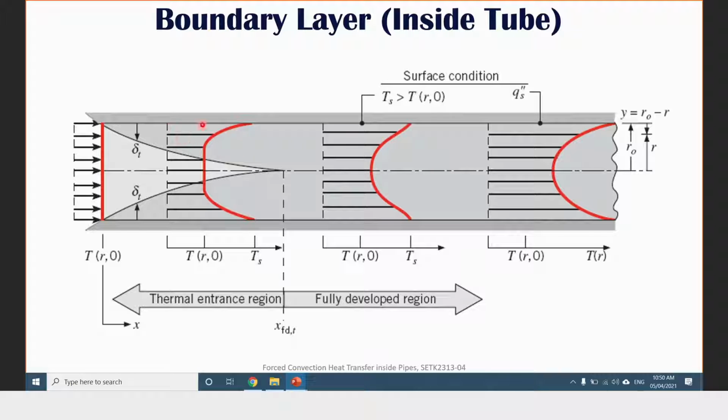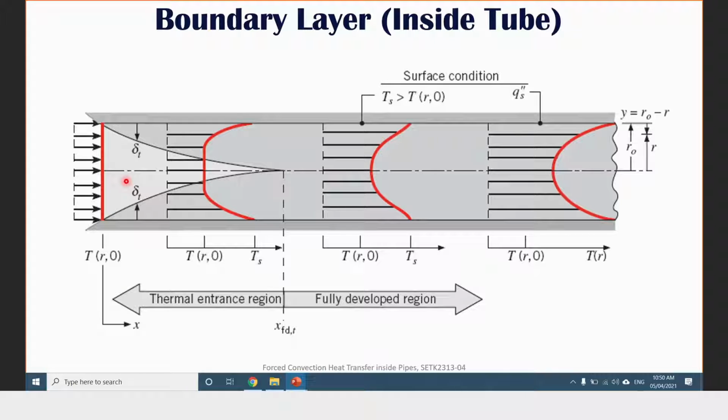The temperature near the wall will be higher compared to the middle, because the wall is heated, so heat transfer occurs to the fluid nearest to the wall first. This would be the fully developed region, where there is no longer the inviscid region.